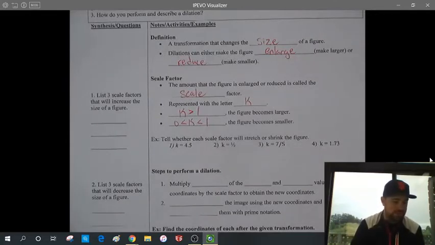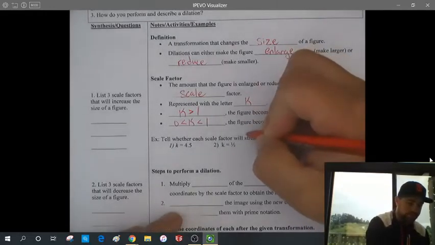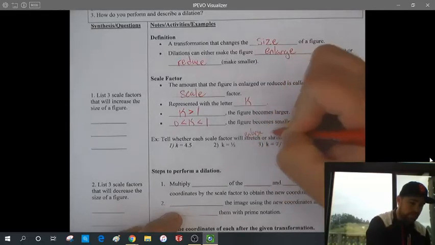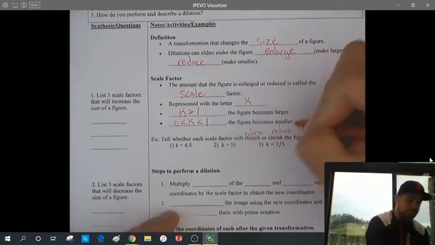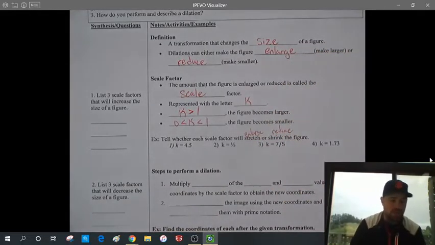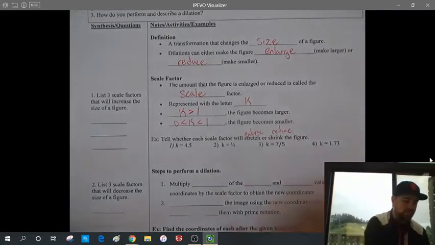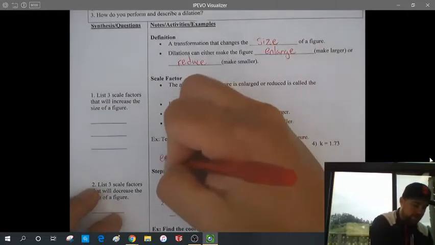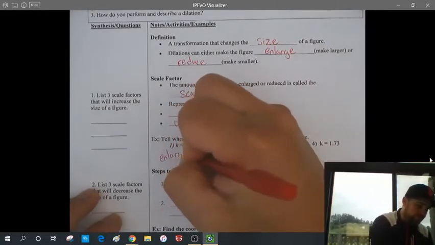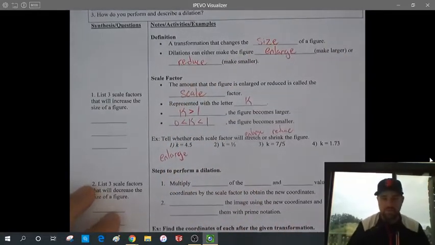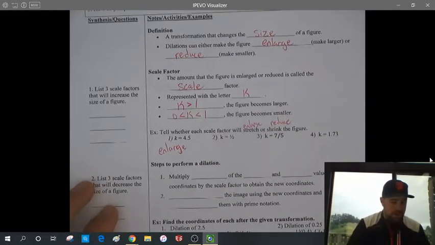It says to tell whether each scale factor here will stretch or shrink the figure. Stretch meaning enlarge, or shrink, reduce the figure. So with a k of 4.5, since that's greater than 1, we would expect it to enlarge. Or you could write the word stretch there, either way. k is equal to 1/2.